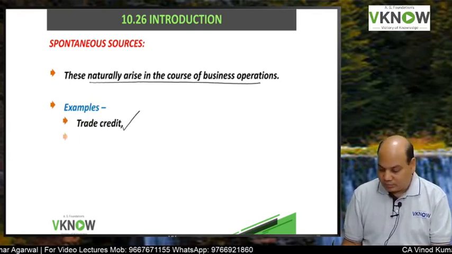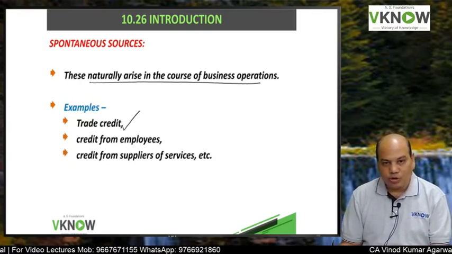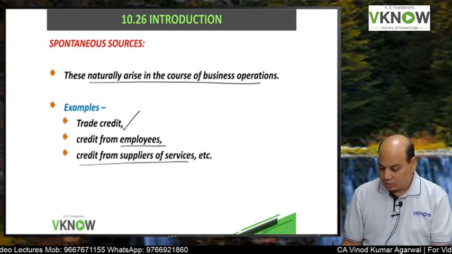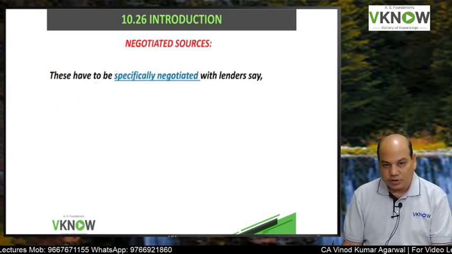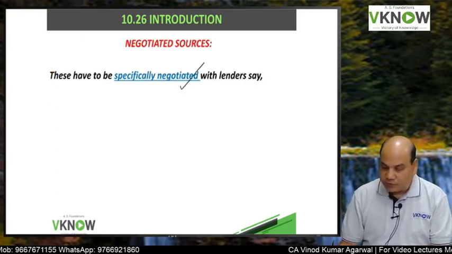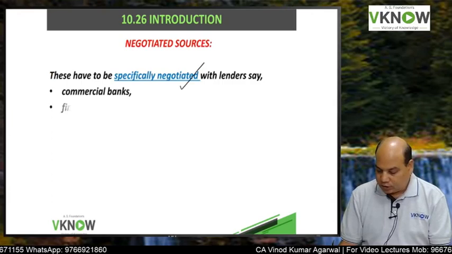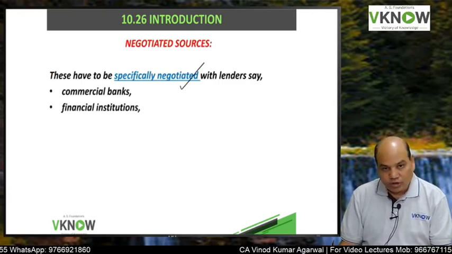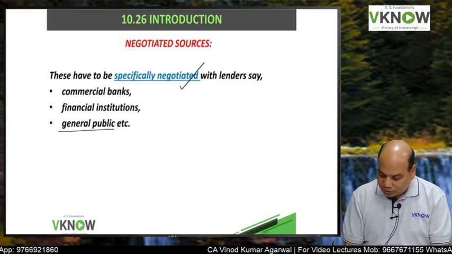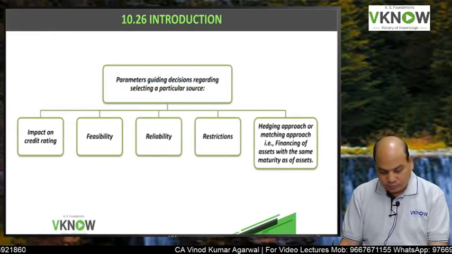Trade credit from suppliers, credit from employees because you pay after a month, then again, credit from suppliers of services. Negotiated sources means which are specifically negotiated with the lender, like a commercial bank, financial institution, or even from the general public. If you want to raise funds, you will have to negotiate.